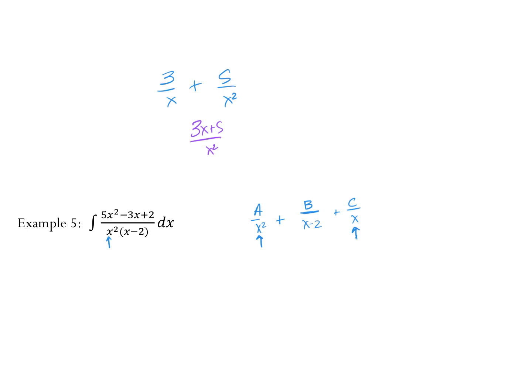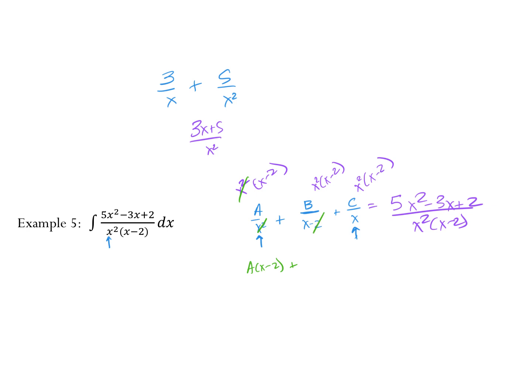And so as we go through to do this, we'll make this all equal to 5x squared minus 3x plus 2. So now I'm going to multiply by my common denominator, which is x squared, x minus 2, for each piece. For that first fraction, the x squareds would cancel, and I'd have a times x minus 2.